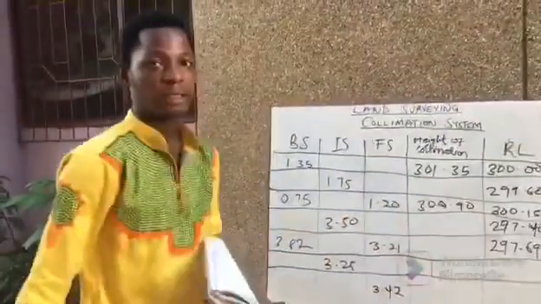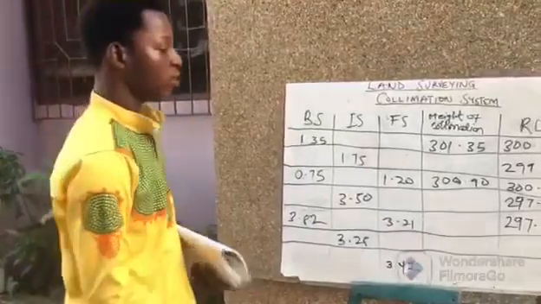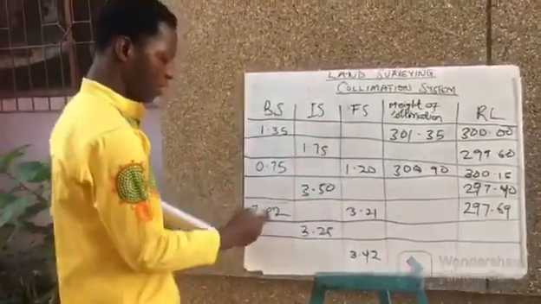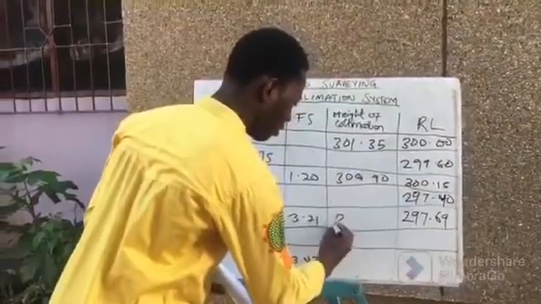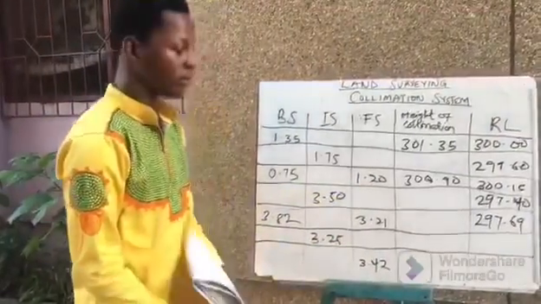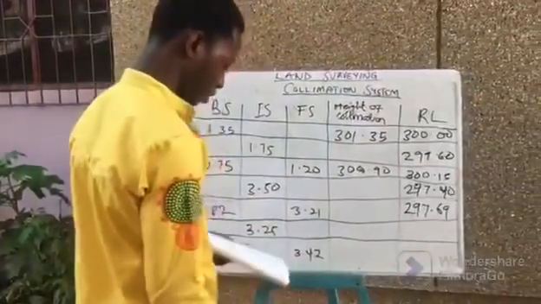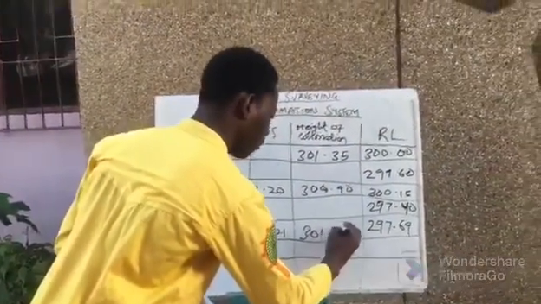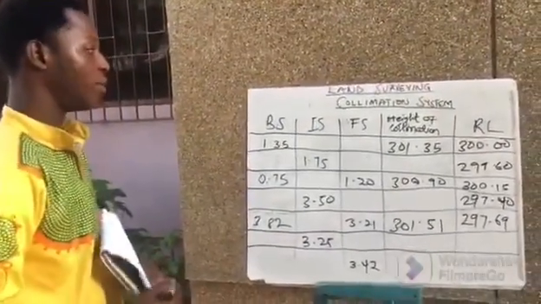After every change of instrument, you have to get a new height of collimation. So 3.82 plus 297.69 is going to give you 301.51. So that's our next height of collimation.